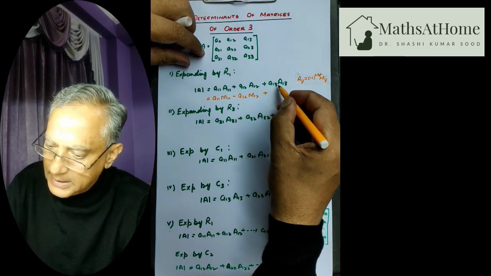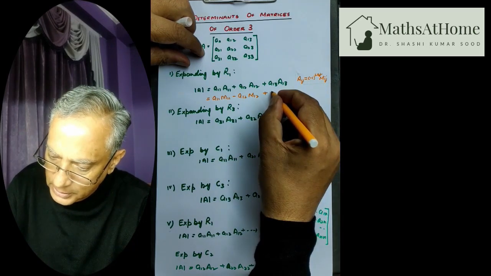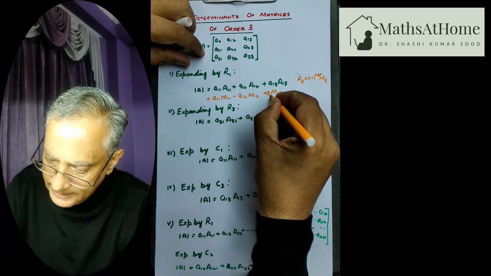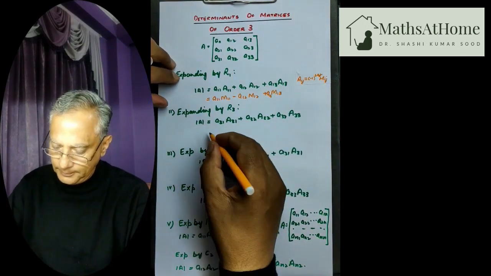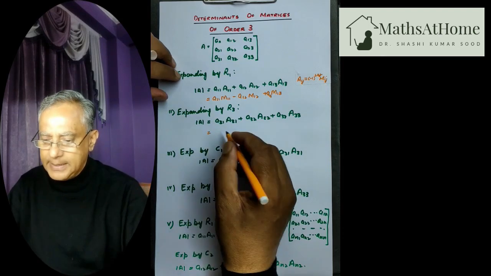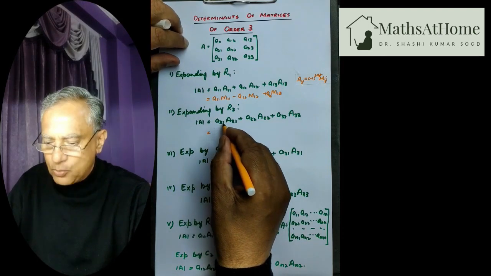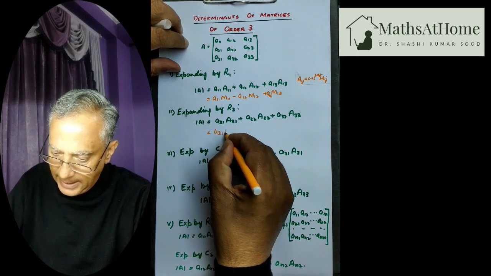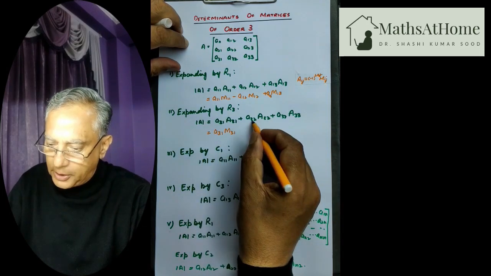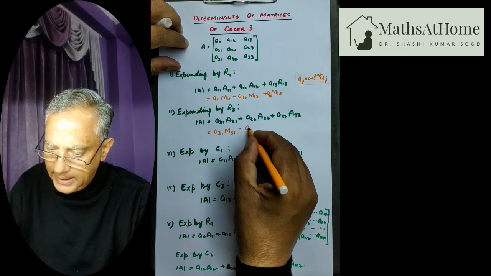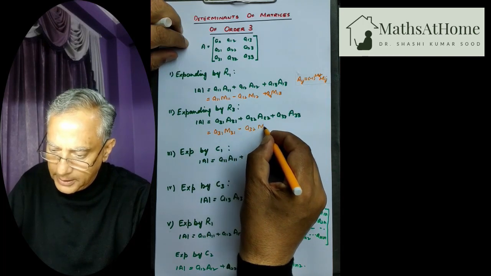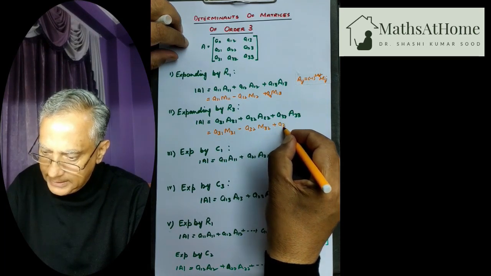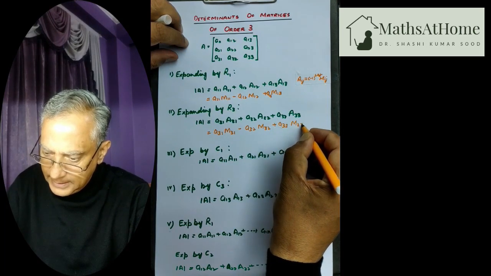Plus, 1 plus 3 is even, so plus. So this will be A13 into M13. And this can be written as: 3 plus 1 is even, so it will be positive, A31, M31. 3 plus 2 is odd, minus A32, M32. 3 plus 3 is even, so A33, M33.